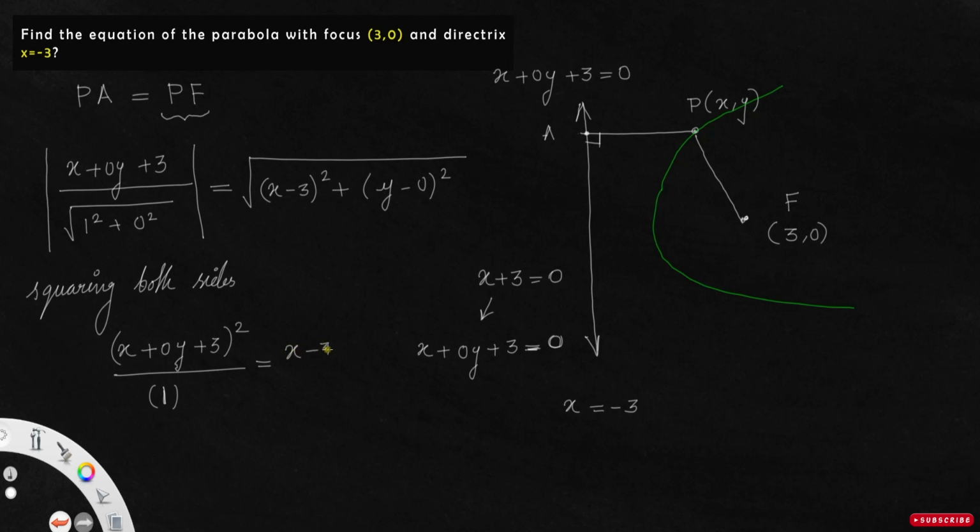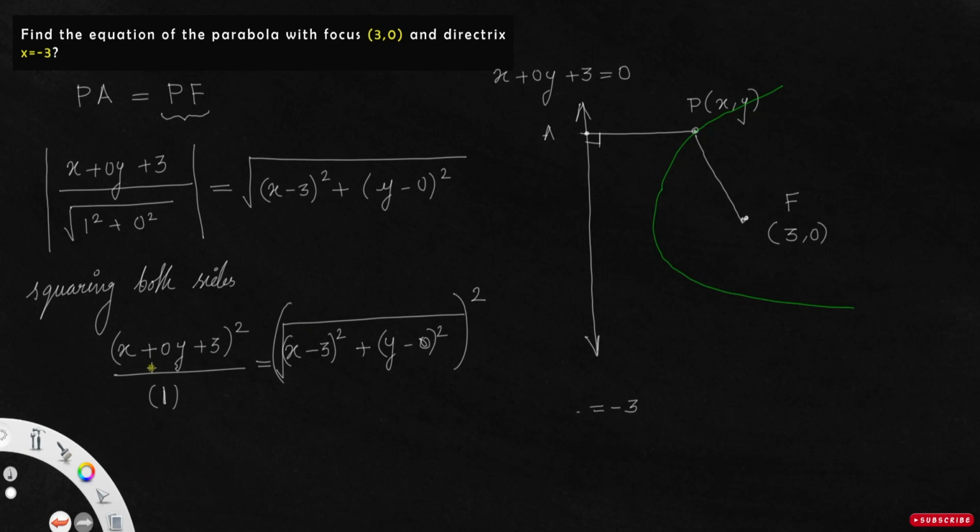So x minus 3 whole square plus y minus 0 whole square, since I'm squaring the square root, this square root will get removed.